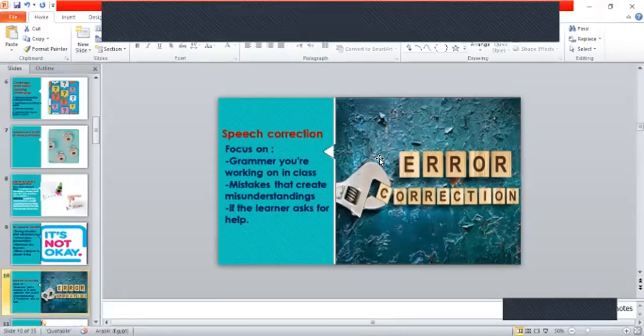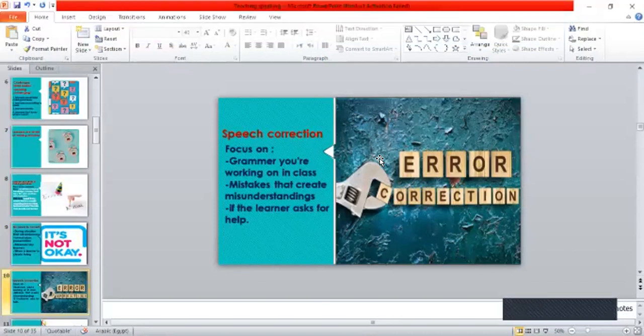Number two, when the mistake creates some misunderstanding. So I feel that my students got confused when a student is speaking. At this point, you can correct the student or the learner because something went wrong and the students got confused.